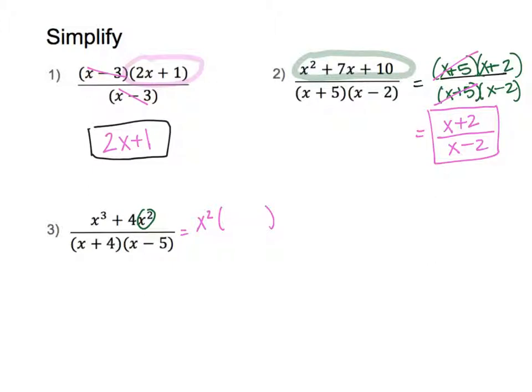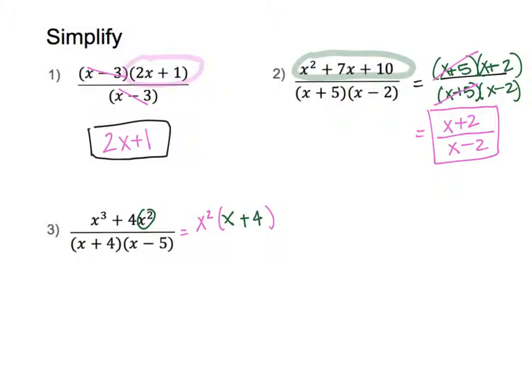So if I pull out an x squared, that means I'm taking an x squared from this term and this term. If I take an x squared from here, I'm dividing out an x squared, so I have to subtract the exponent. That means I still have an x left over. And on this side, if I take away an x squared, I have a 4 left over.